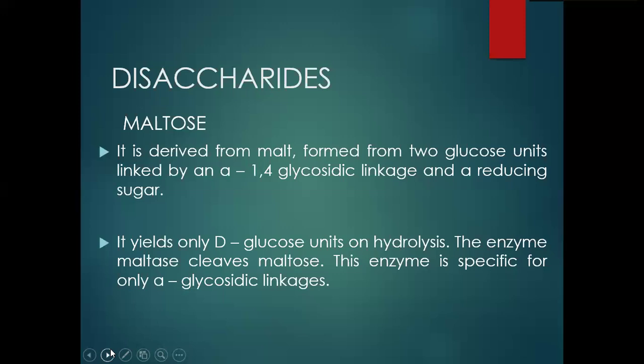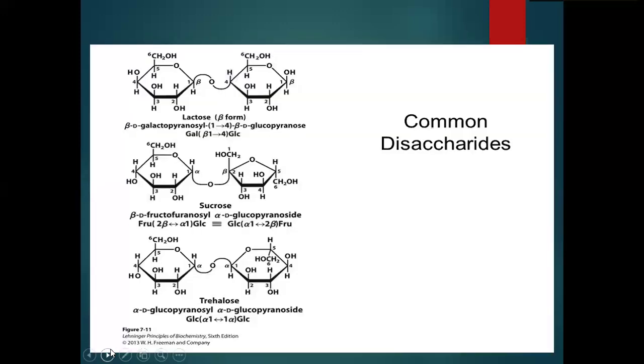Maltose is a reducing sugar because its anomeric carbon is free for interaction, for bond formation with some other molecules. Now, maltose yields only D-glucose units on hydrolysis. The enzyme responsible for cleaving maltose is known as maltase, and this enzyme is specific only for an alpha glycosidic linkage.